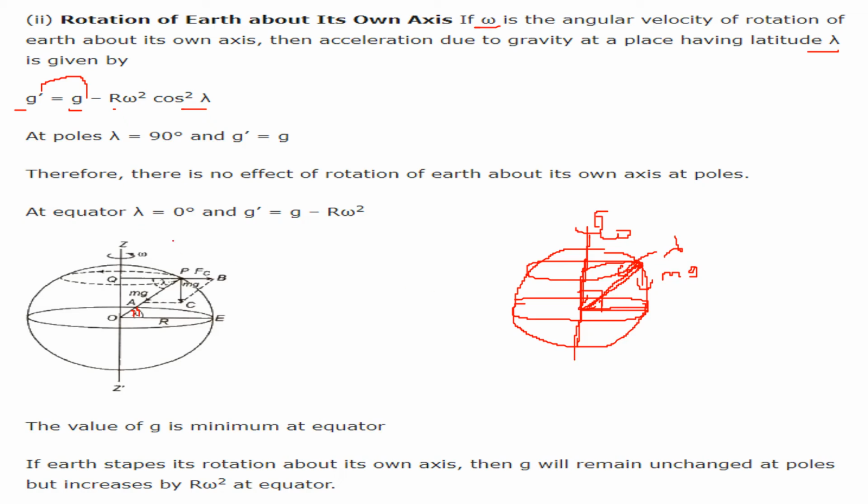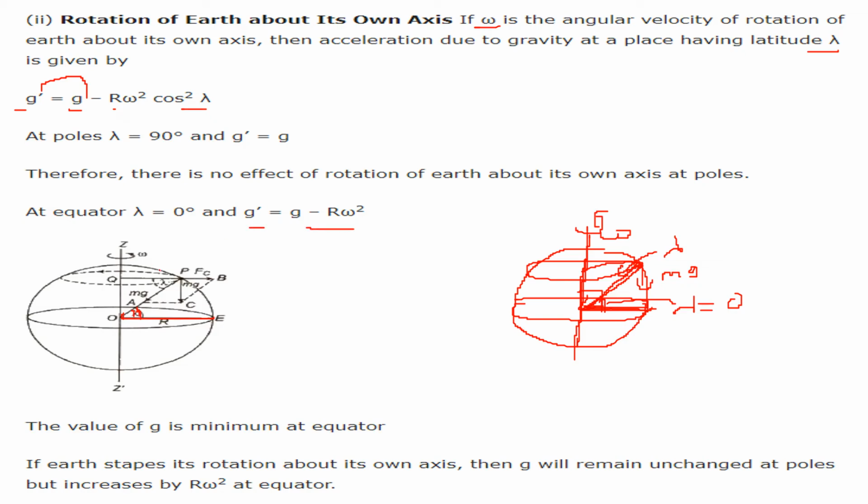But when we come to the equator, lambda becomes 0 because the object is here, so the angle it is making becomes 0. When we put lambda equal to 0, cos 0 is 1. So g dash becomes g minus r omega squared.